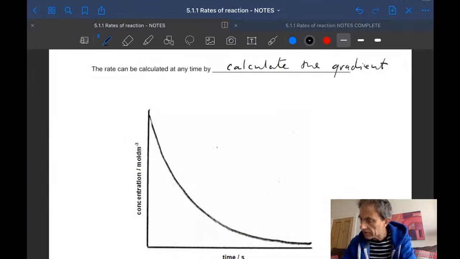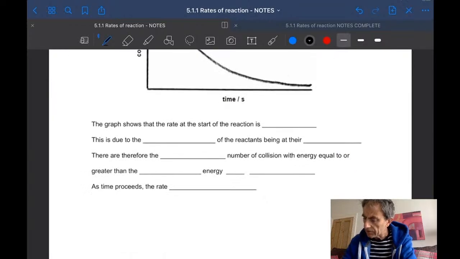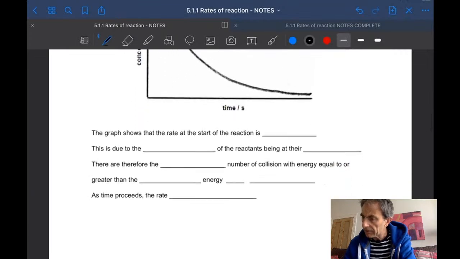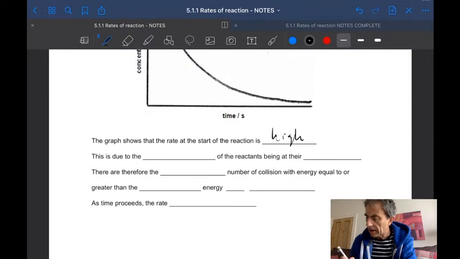Right, so back to the notes then. Just a few blanks to fill in here. This graph shows that the rate at the very start of the reaction is high, and that's because the tangent's very steep at that point, so that's telling you the rate's high. But why is the rate high at that point?